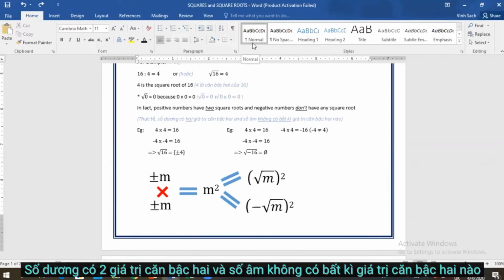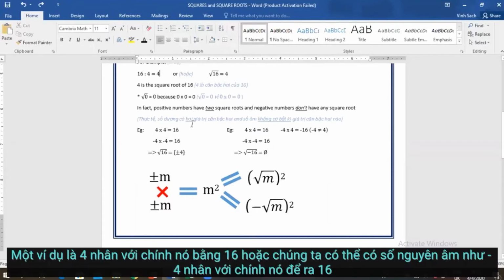In fact, positive numbers have 2 square roots and negative numbers don't have any. For example, we have 4 again, multiplied by itself once to have 16. Or we can have a negative integer like -4 multiplied by itself once to get 16.